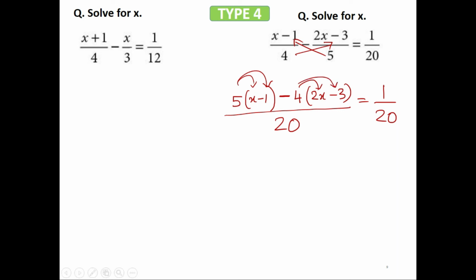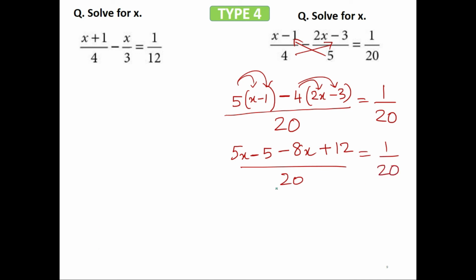Expanding the brackets, I have 5x minus 5 minus 4 multiplied by, so I have minus 8x plus 12 over 20 equals 1 over 20. I can cancel the 20s. Combining the like terms, negative 5x minus 8x giving me negative 3x, minus 5 plus 12 giving me a plus 7 equals 1.